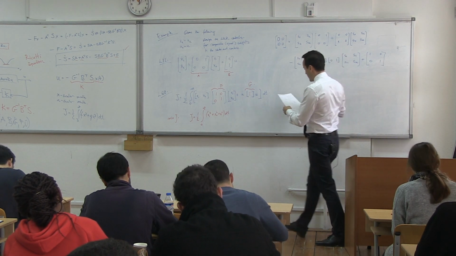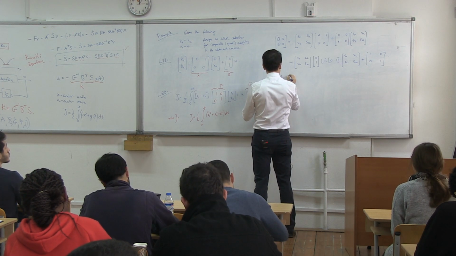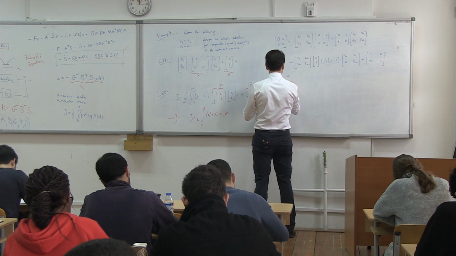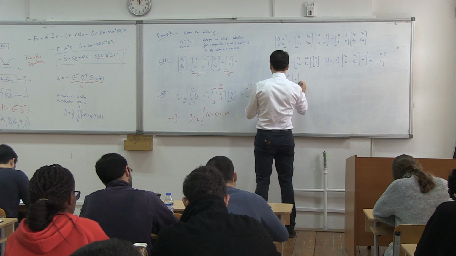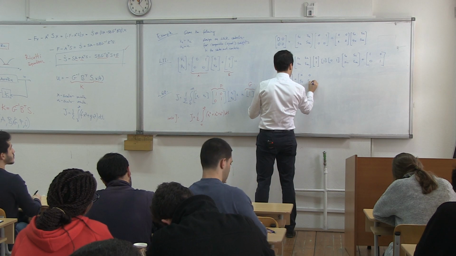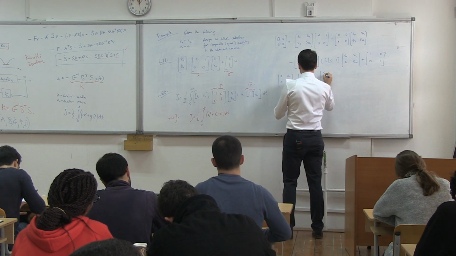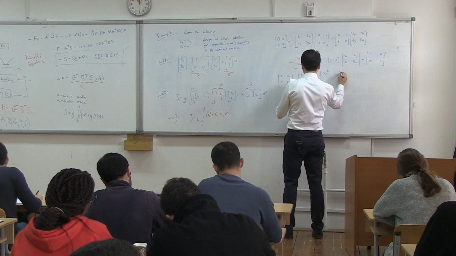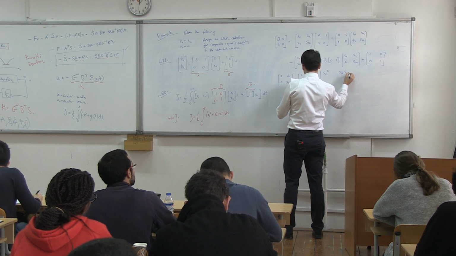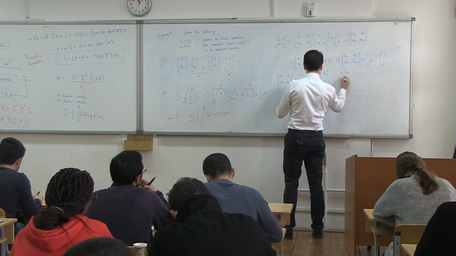Try to do this part here. You'll get 0 S11, 0 S12, plus 0, 0, S11, S12, minus S12 S22 squared.